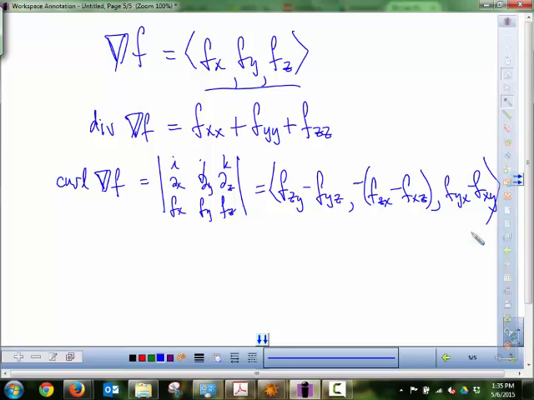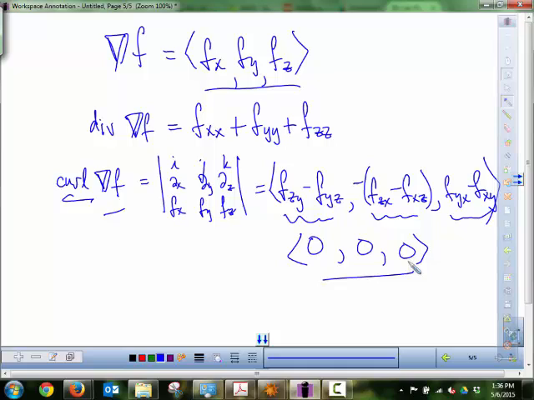So if this is a nice function, which in most cases we're going to be dealing with nice functions, these are mixed order, second order partial derivatives. And if they're nice functions, they should all be equal to each other. Which means the curl of a gradient is 0.